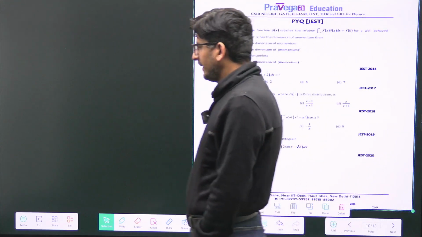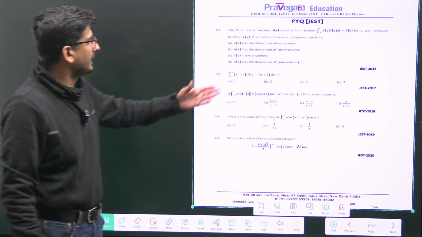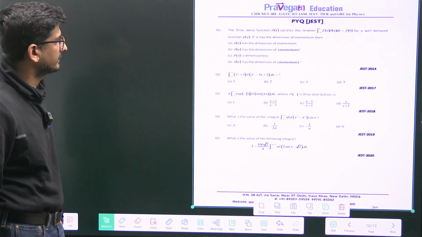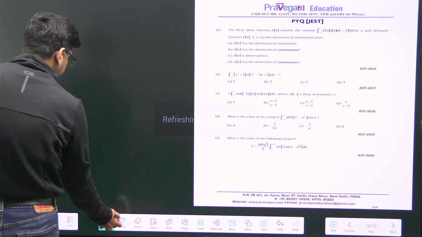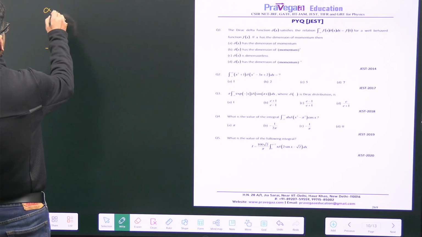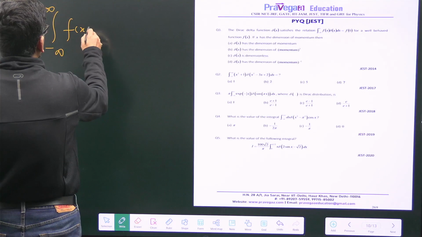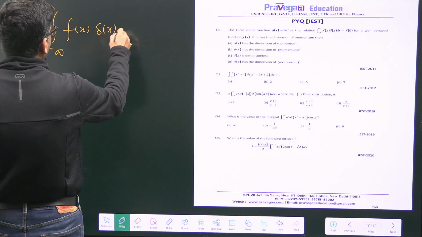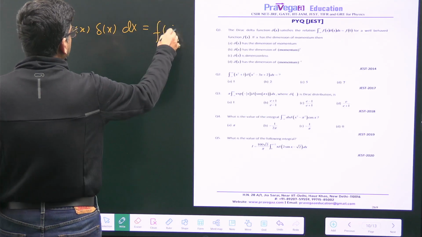The Dirac delta function, delta x, satisfies this equation: integral from minus infinity to infinity of f(x) delta function x dx is equal to f(0).